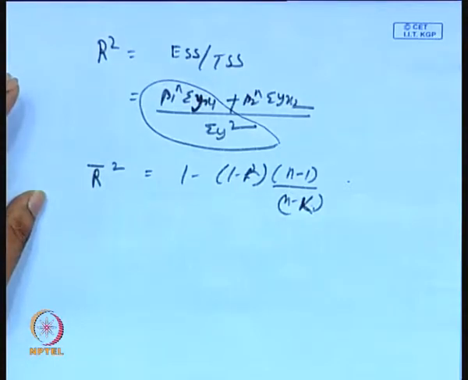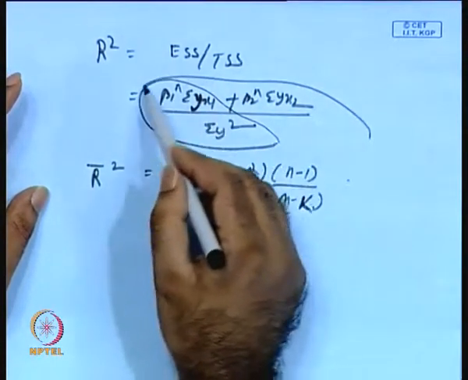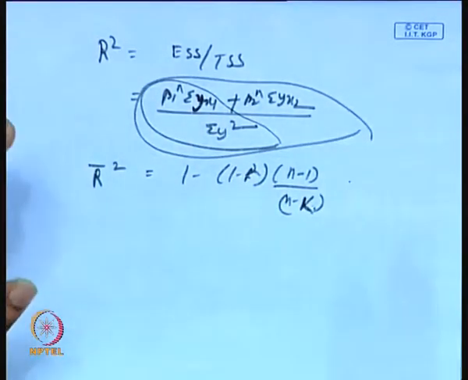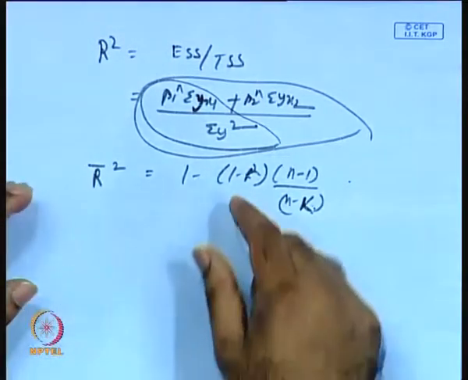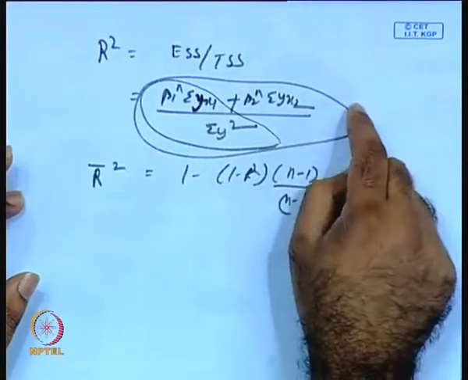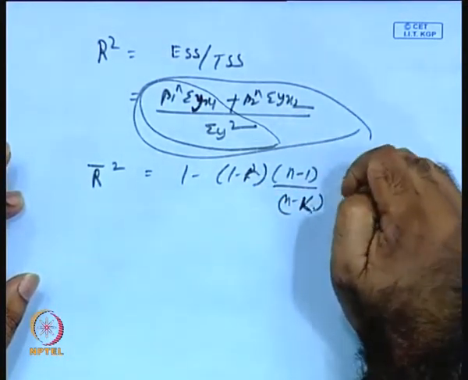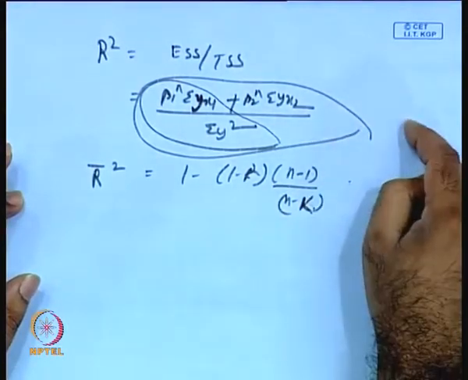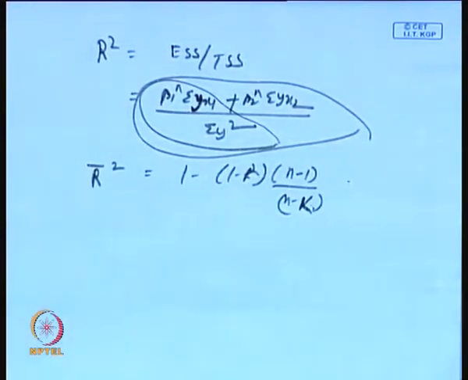When we add a fourth variable, it adds another item, beta 3 hat summation y x 3, and if you add another variable, then beta 4 hat summation y x 4. Like this you proceed subsequently.